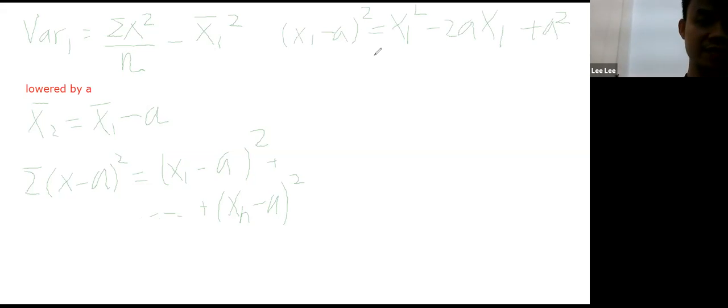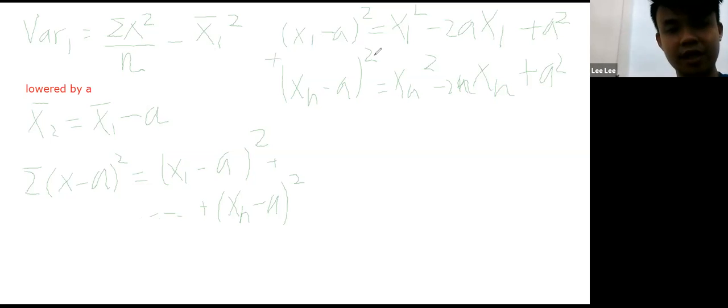Then you have until xn minus A squared, so you have xn squared minus 2a xn plus A squared. And then you add all of this together. Any questions until here?